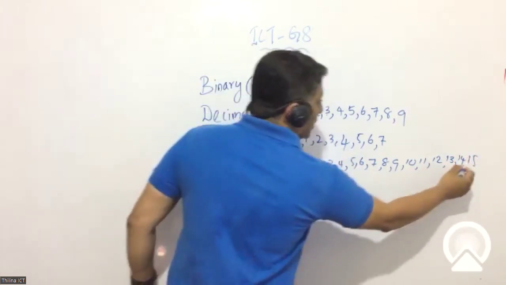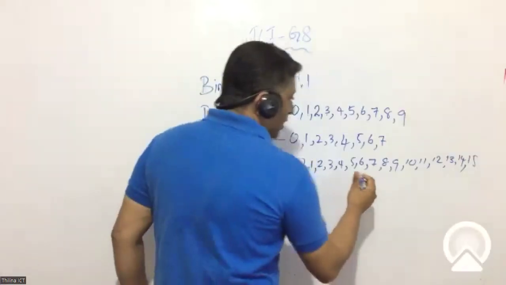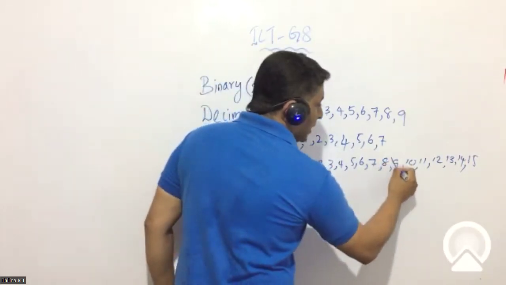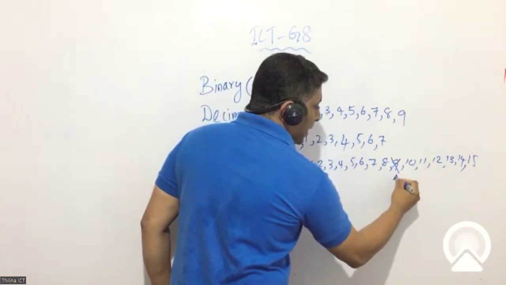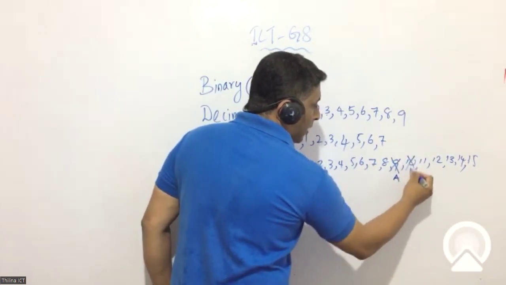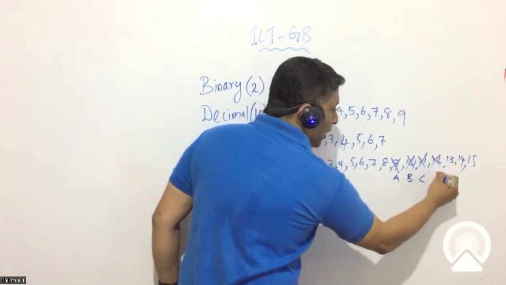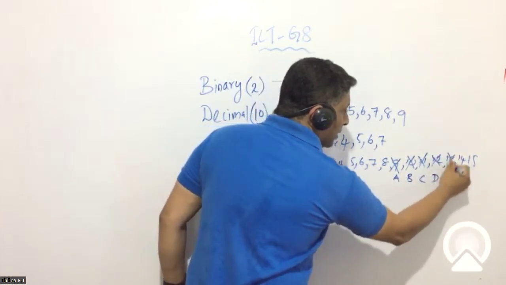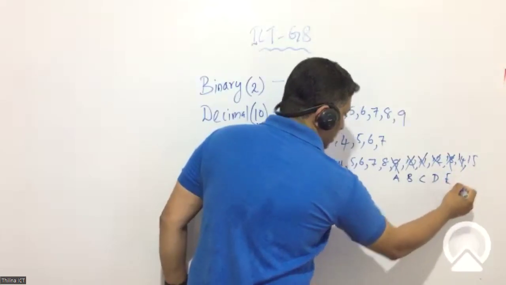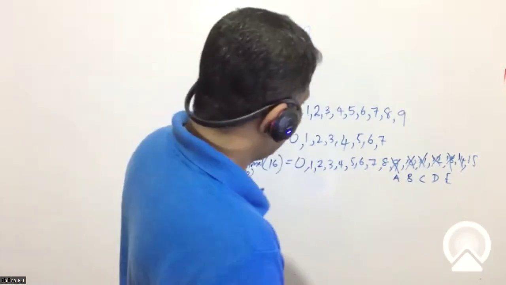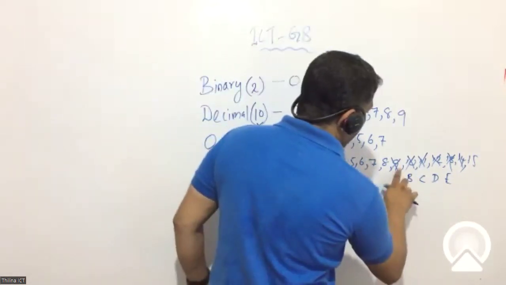Total 16 numbers. But it should be A, B, C. Yes, I'm coming to that. Basically, in hexadecimal we don't represent 10 as a number, so instead we say A. Likewise, 11 is B, 12 is C, 13 is D, and so on. Here, 10 is A, right?